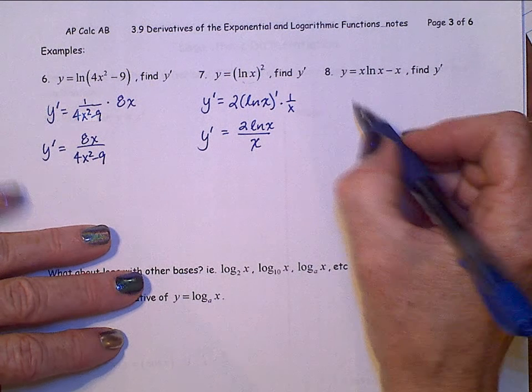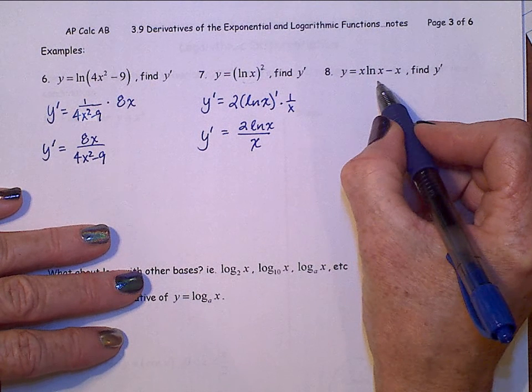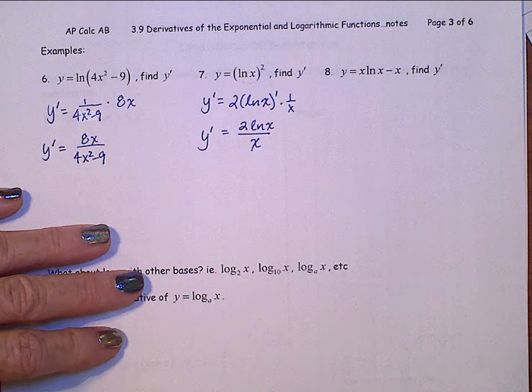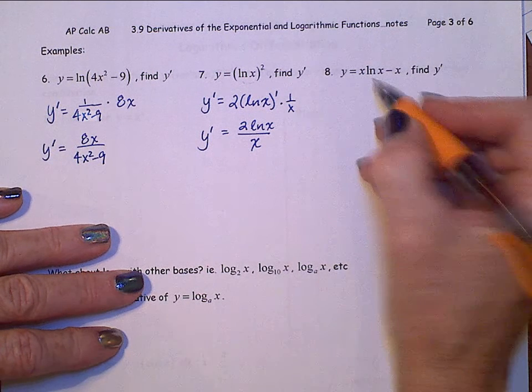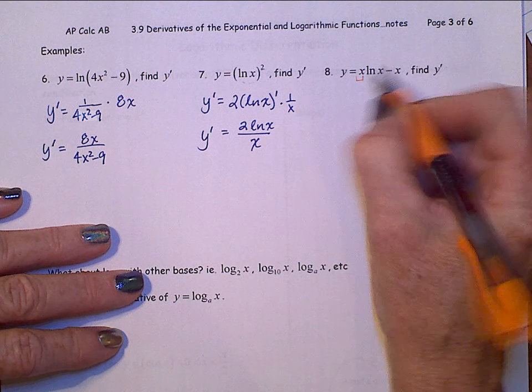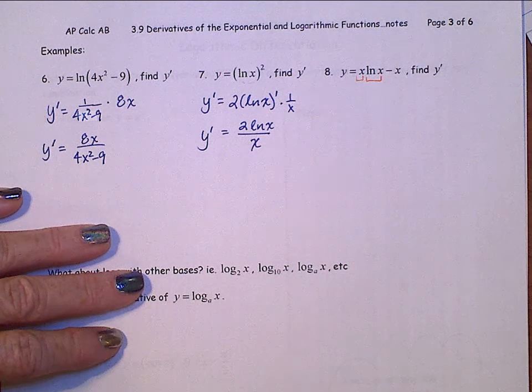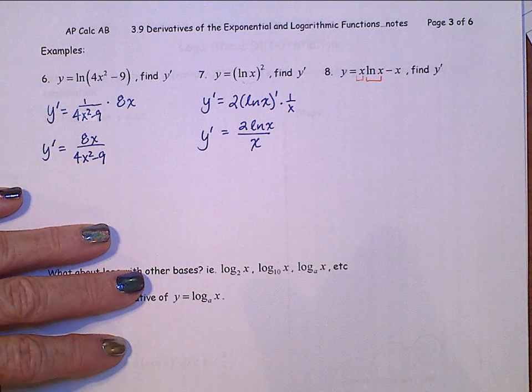And this next one, y equals x natural log x minus an x, find y prime. When you look at this, you have to see product rule right here with this x times that natural log x.